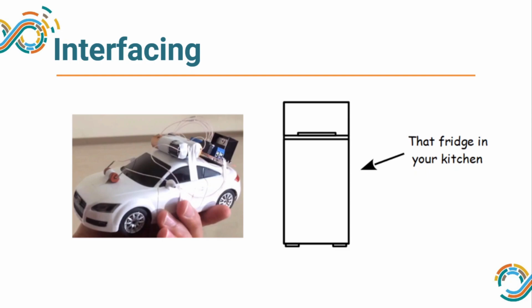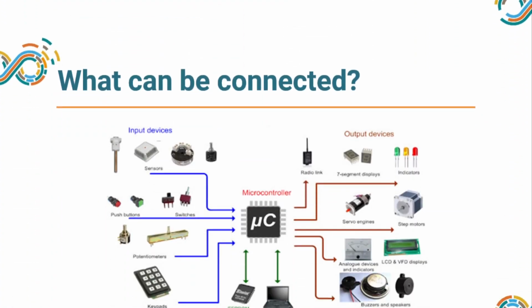You have home appliances like refrigerator, microwave, or anything. They also have a microcontroller which is interfacing some of the inputs that you give and controlling some output devices, like temperature management or for how much time the microwave will rotate. All these things are done with the help of interfacing.